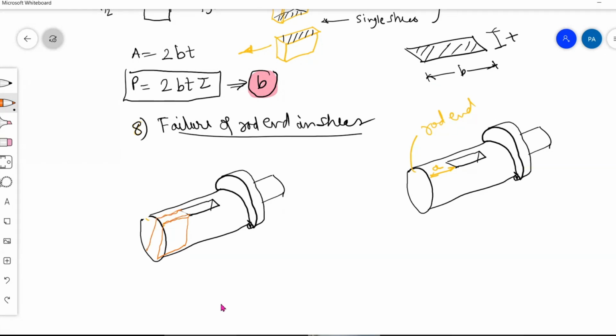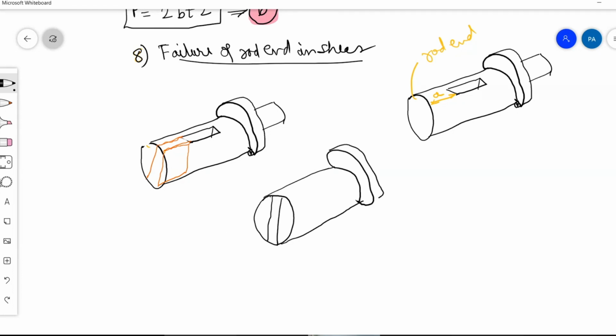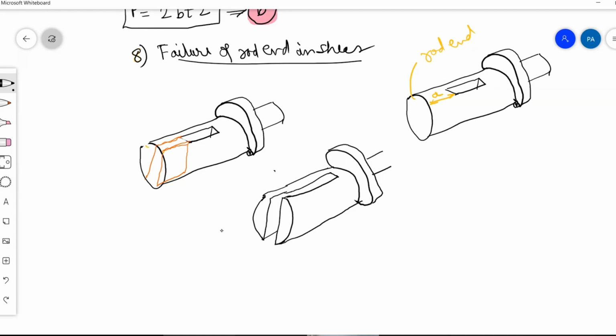After this failure, what will be left? This will be left like this.